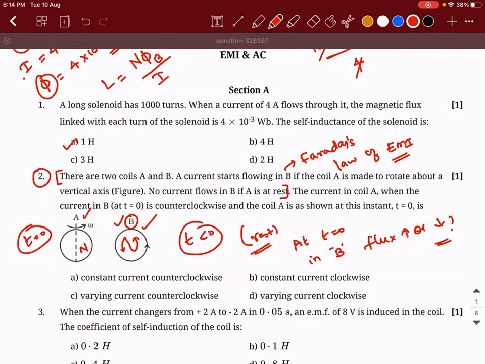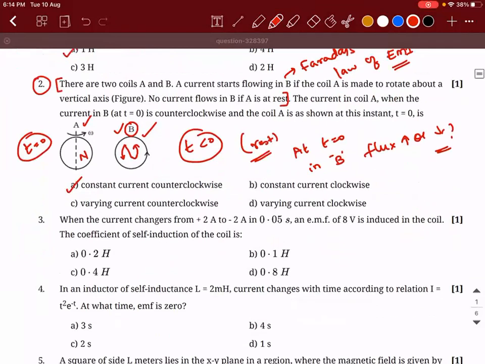Let me think. Yes, that's right. Constant current counterclockwise. Yes, sir. Right. So next one is simple.